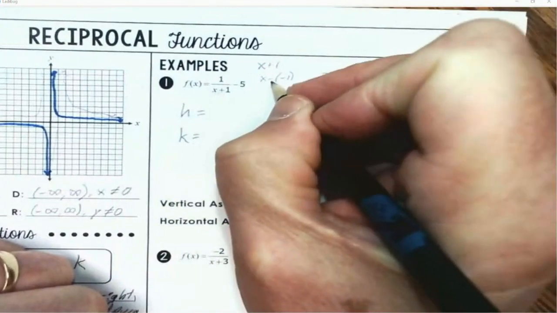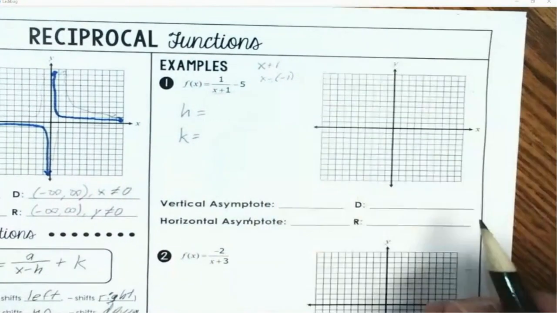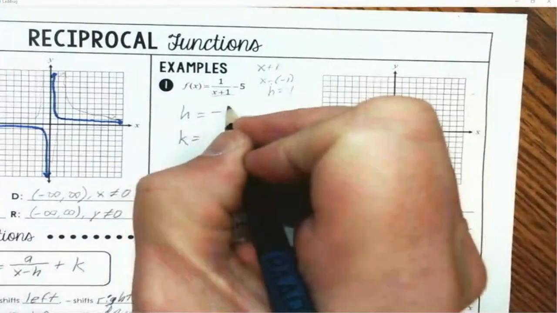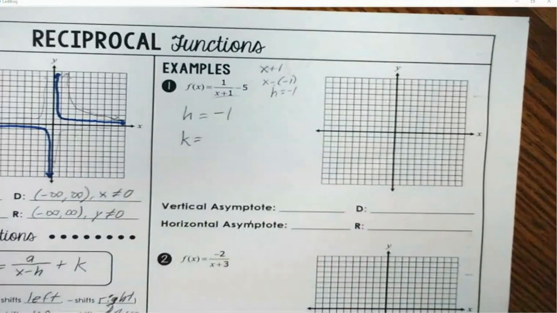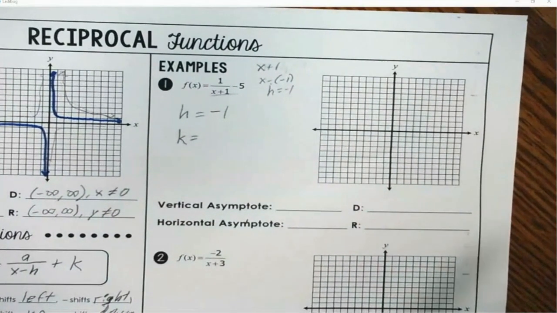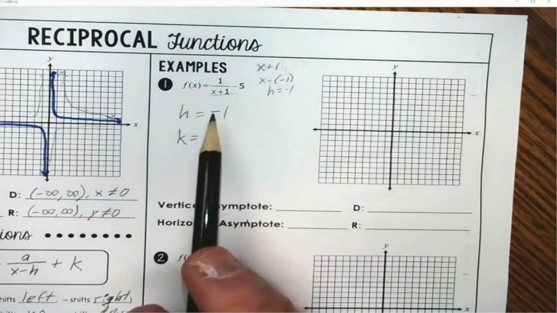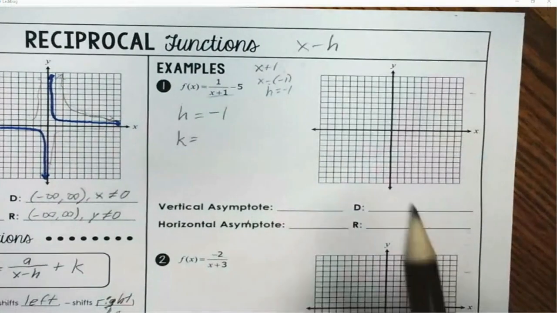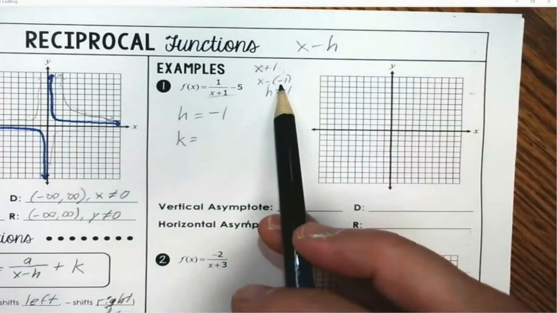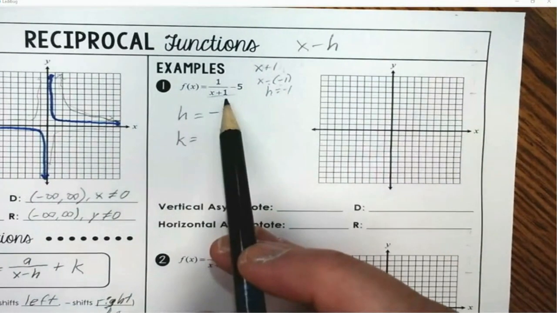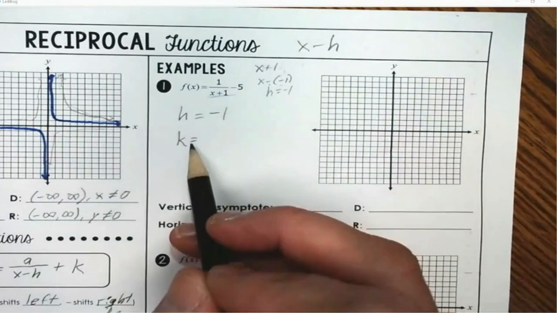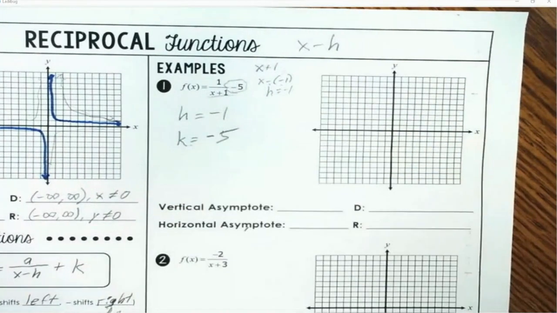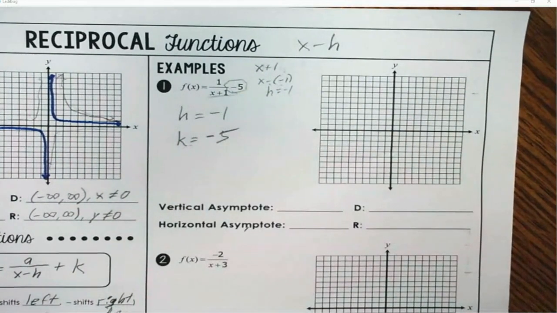A plus 1 must be minus a negative 1, which means the h must be negative 1. That's the only reason it ended up positive: when we subtract h, x minus h, it must be a negative 1 to be x plus 1. And the k is right here at the end. It's a minus 5. So our k is minus 5, and h is negative 1.